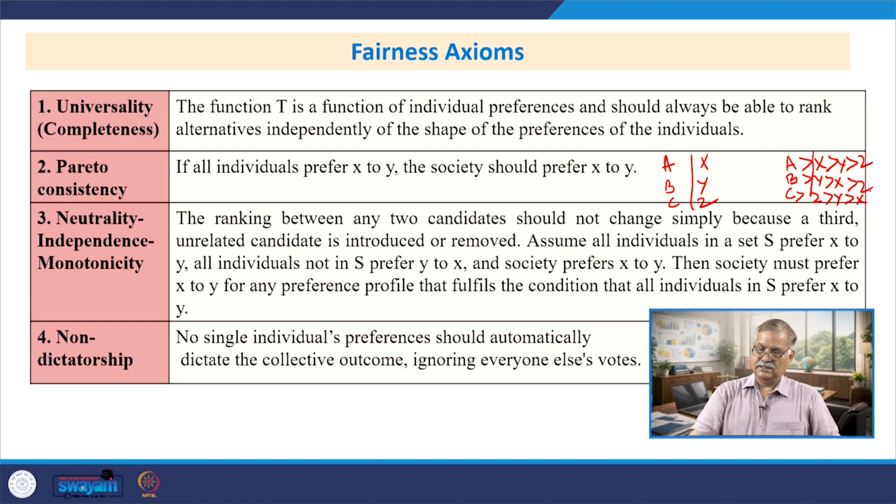In this case, you can find the ordering, and based on the ordering, overall society should prefer in such a manner that there is Pareto consistency.